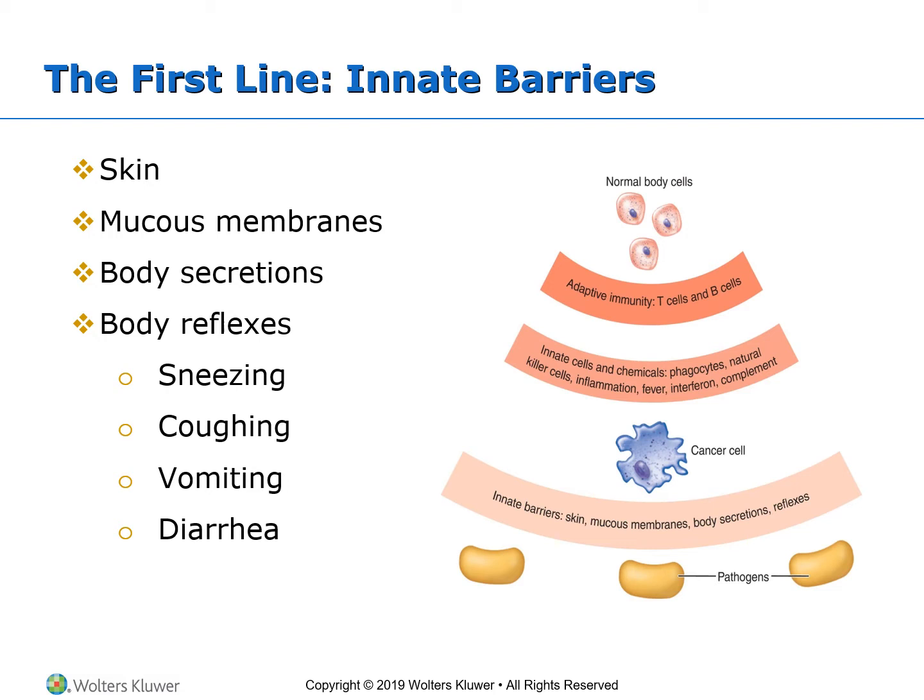Also in the body reflexes, it's a stretch, but we can put in the vomiting and the diarrhea, by which any type of ingested toxin or bacteria will be quickly eliminated from the digestive tract in order to protect and limit their action on our body.